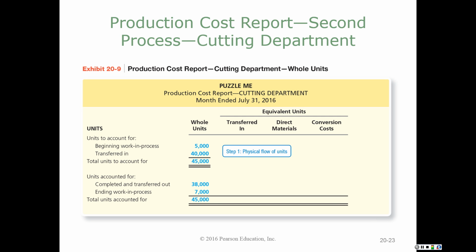And it's really interesting and exciting when you finally get to the end and everything balances. Okay, in accounting it typically does. We know the total units, we know the total cost, we just have to account for those. And so it's nice when we finally finish the production cost report to see all of those costs coming together.